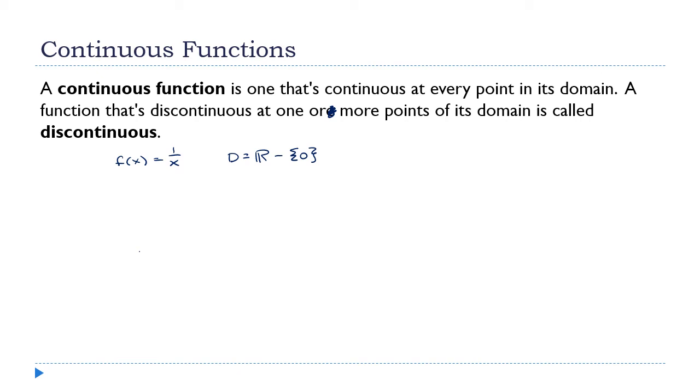And that's fine. I'm not saying we shouldn't do that, but I could define the domain of this function to be something else. I could define the domain of this function to be all positive numbers, right? I can define the domain to be practically any interval I want it to be.